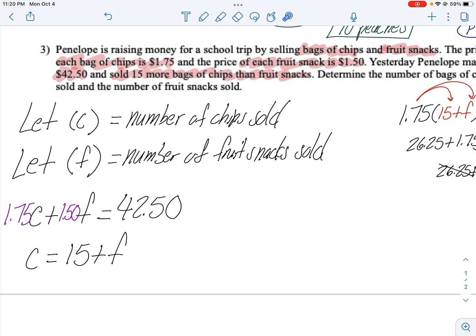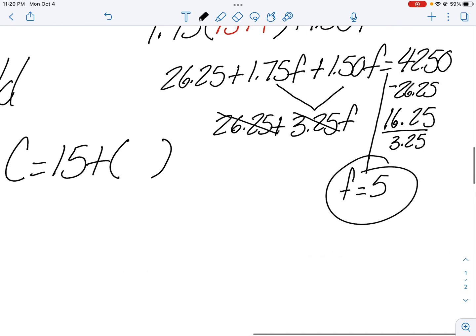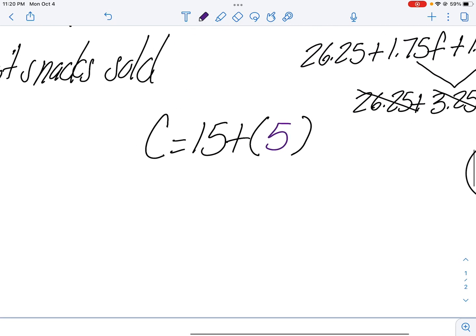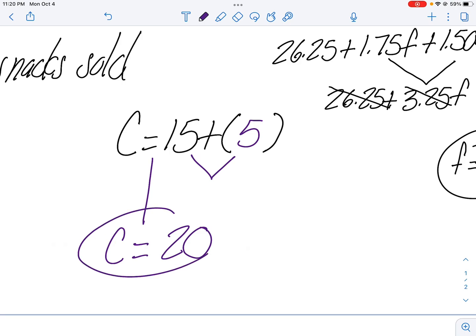So now we want to know how many chips. Well, chips is equal to 15 plus F. And what is F? F is 5, right? So this is what we're going to plug in right here. And when we solve, we're going to get C is equal to 15 plus 5 is 20.